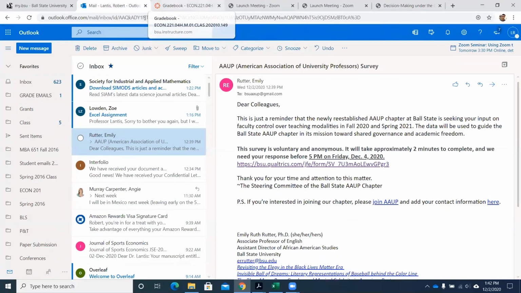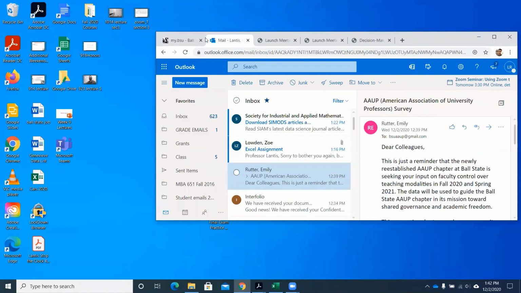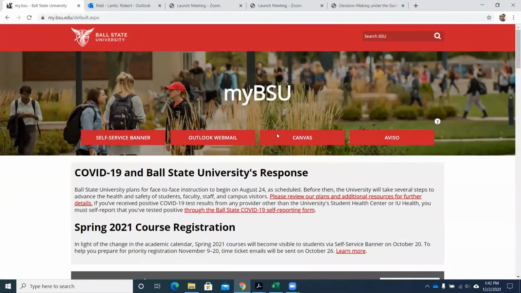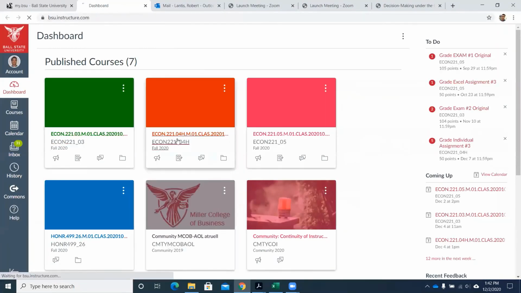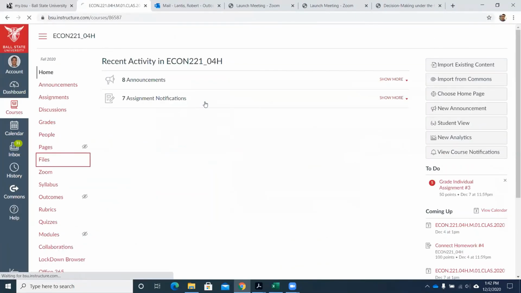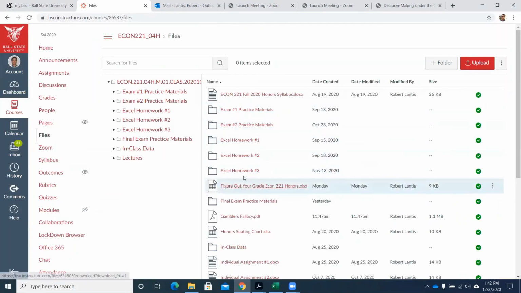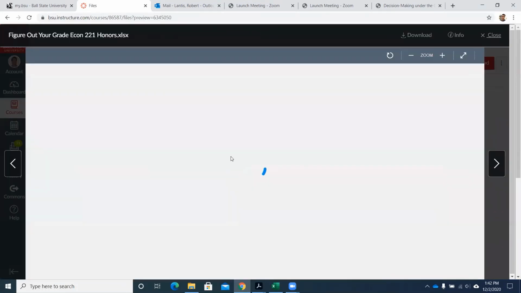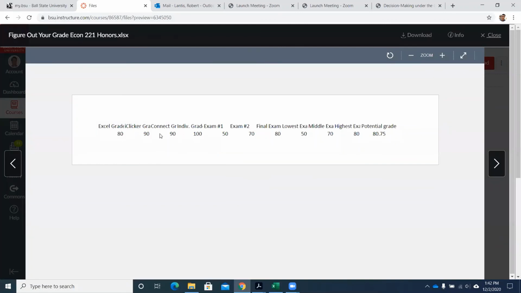Let me go back to Canvas. All right. So those will be what you plug into these first 4 columns. And like I said, whatever those 2 exam scores are, it doesn't matter which order, even if you mix up exam 1 and 2, just enter those 2 exam scores in here, and then you can play around with the final to see what grade you'll get. Does that answer the question?